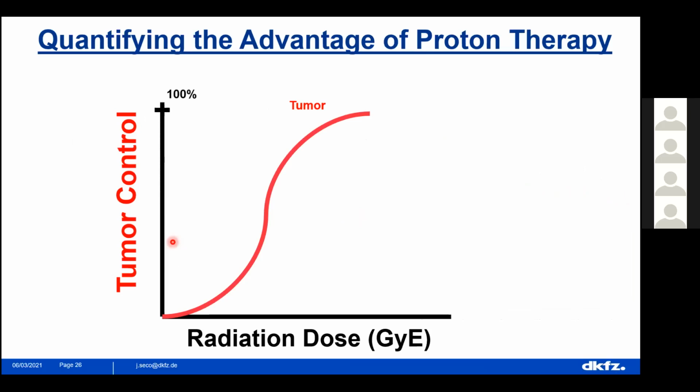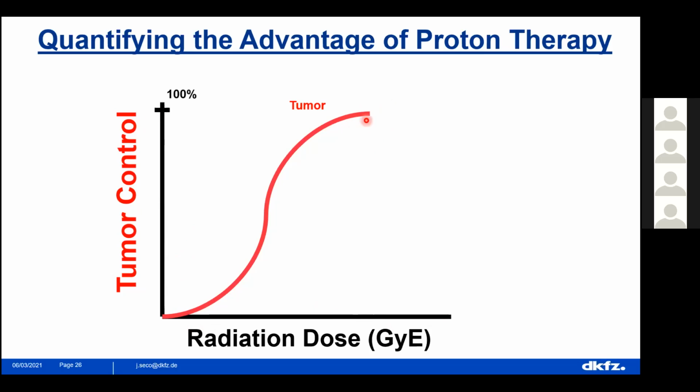Okay, so now how do we really say what the true advantage of protons is relative to X-rays? You have to remember that the key idea is that if I irradiate any tumor cell or any cell with radiation, the more radiation I give, the more likely I am to kill 100% of the tumor. So if I increase the radiation to the cell, eventually I will achieve what is called 100% tumor control. It doesn't matter what cell it is.